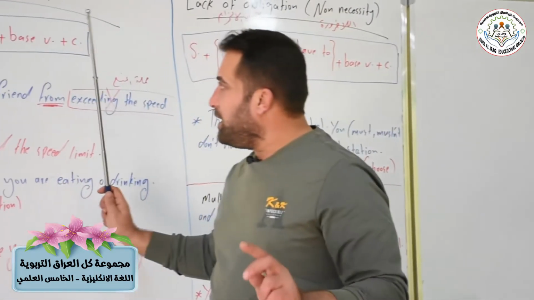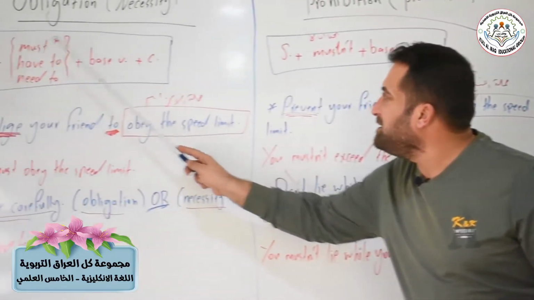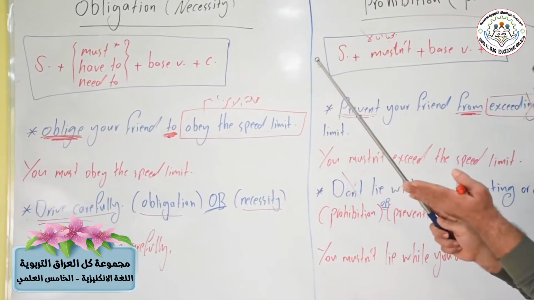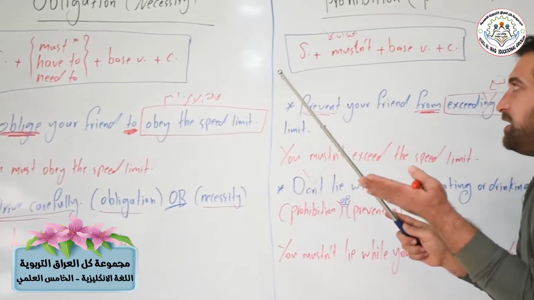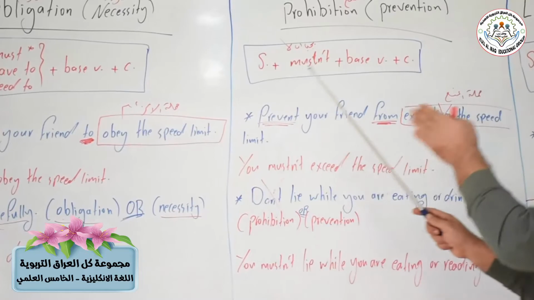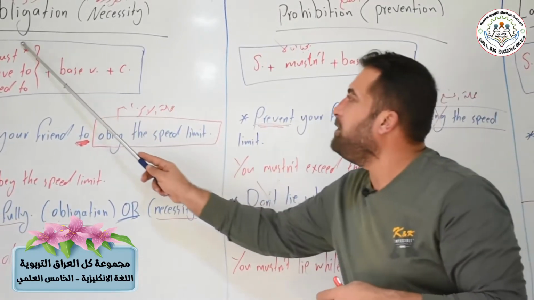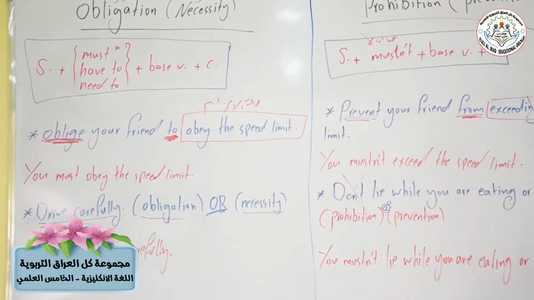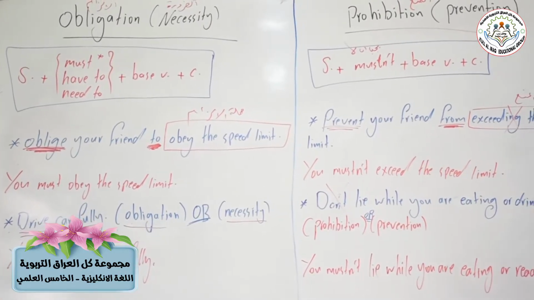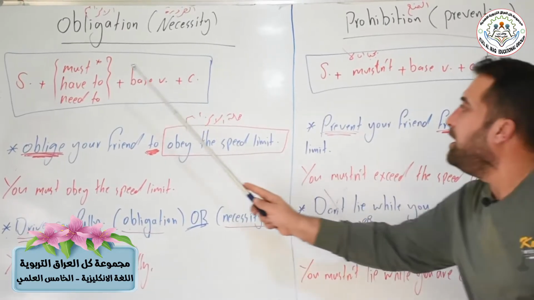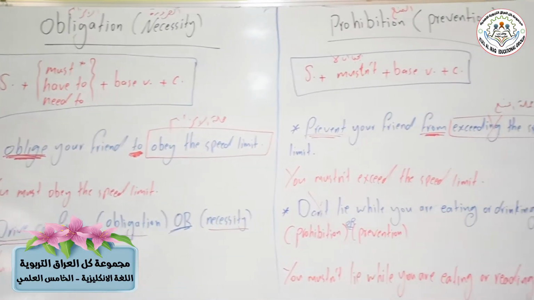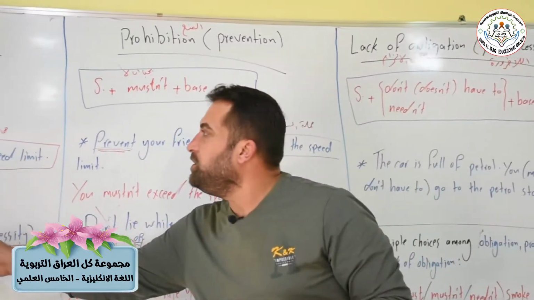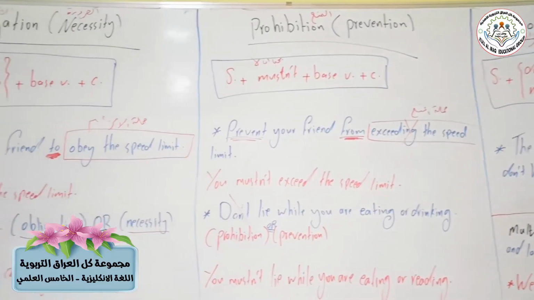I said before: must, mustn't. When I change my place from obligation to prohibition or prevention, I change must into mustn't. When I go to lack of obligation or non-necessity, I change have to into don't have to or doesn't have to, and I change need to into needn't.